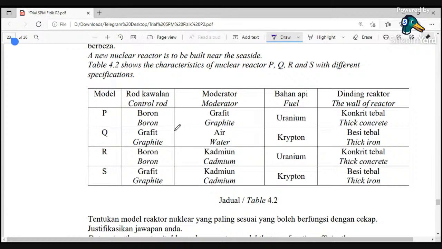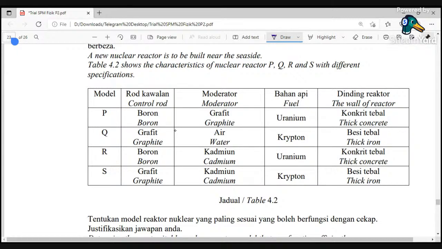For a nuclear reactor, it uses the nuclear fission process. So if using nuclear fission, it must be controlled to prevent chain reaction. If not, a large amount of heat will be released and cause the nuclear reactor to explode.